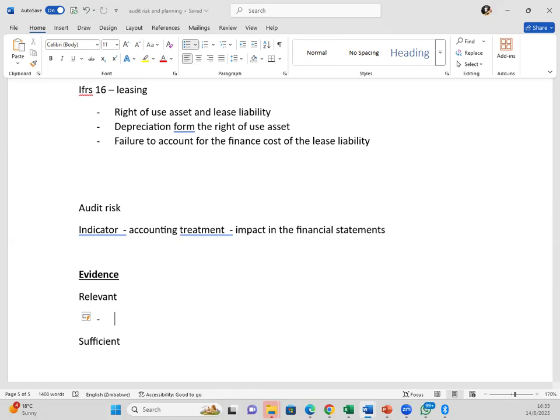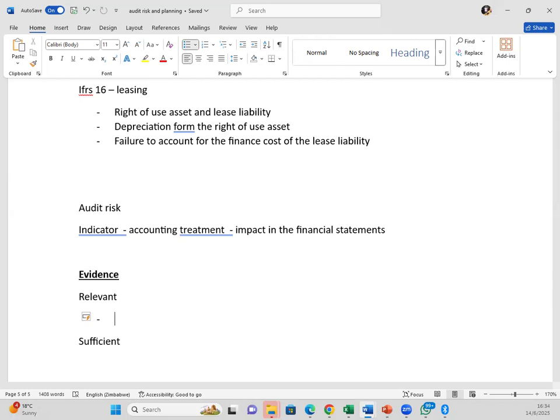If the evidence is relevant, it assists the auditor in getting the answers that the auditor wants. It might be good evidence, but not relevant to the areas that they want. If they want to check whether the right of use asset has been recorded, evidence to do with revenue might not be relevant.